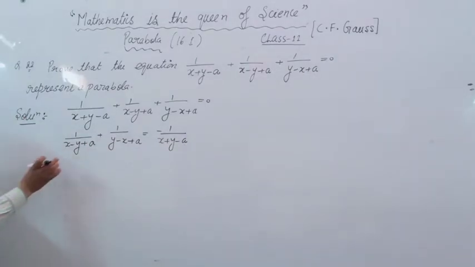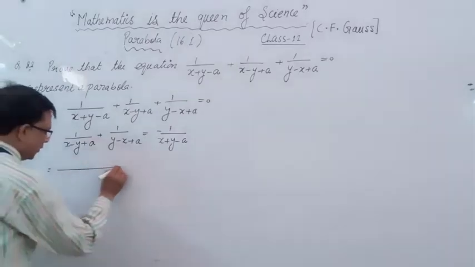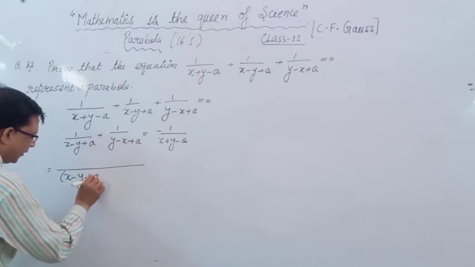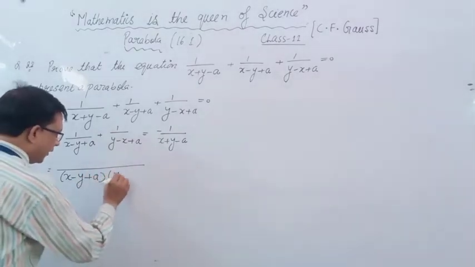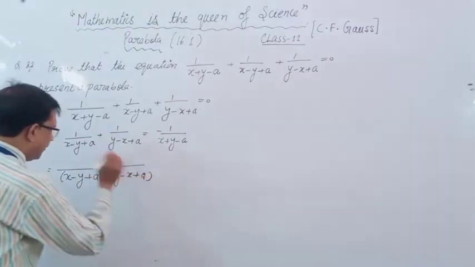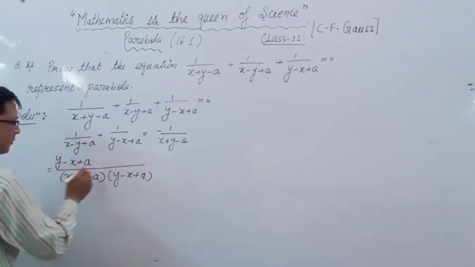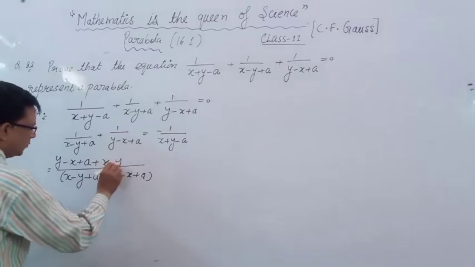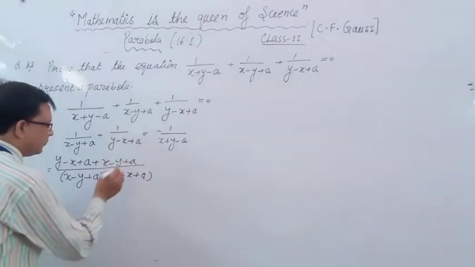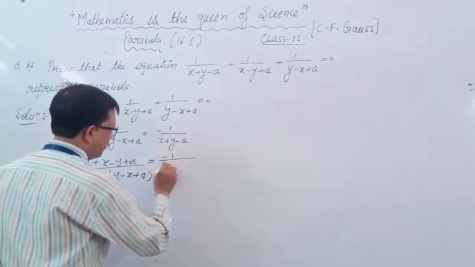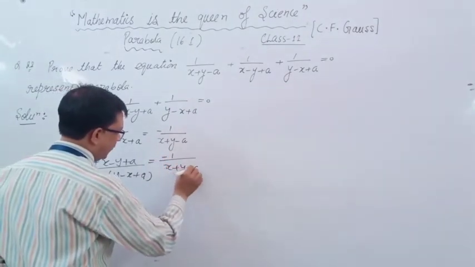Now students, we take the LCM. Our LCM is x minus y plus a and y minus x plus a. Here we write y minus x plus a plus x minus y plus a equal to minus 1 upon x plus y minus a.